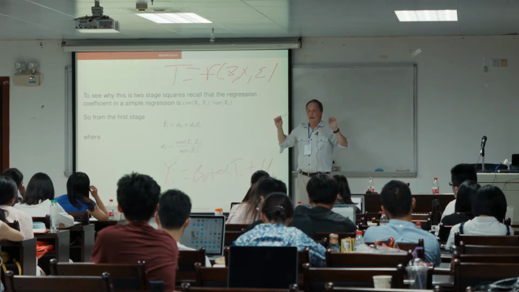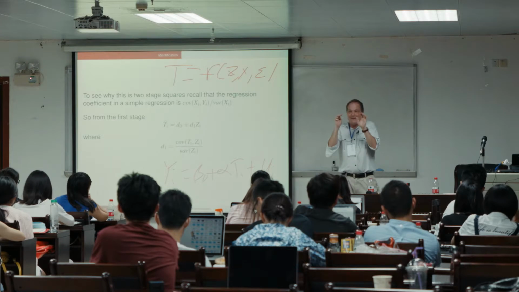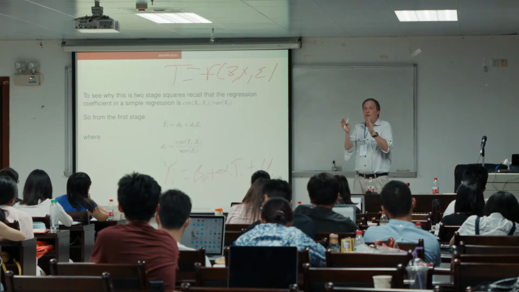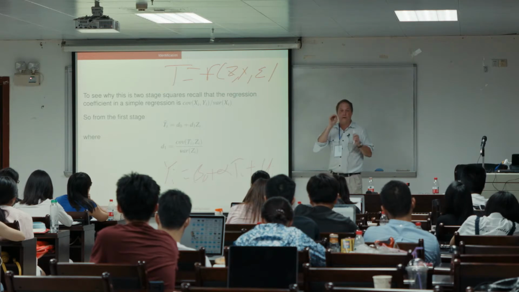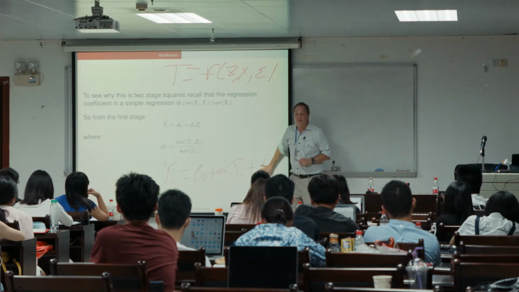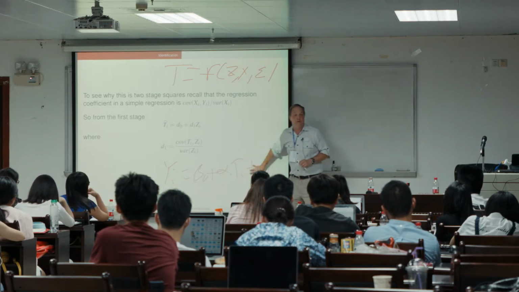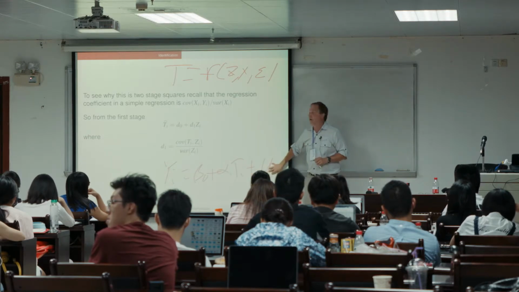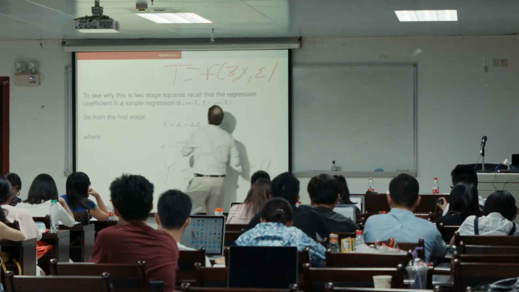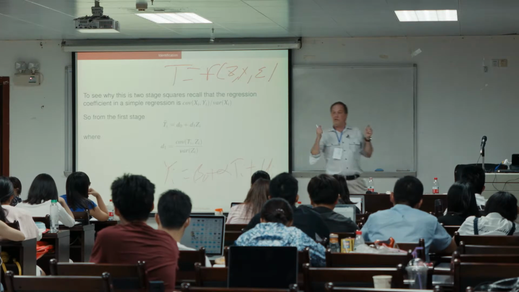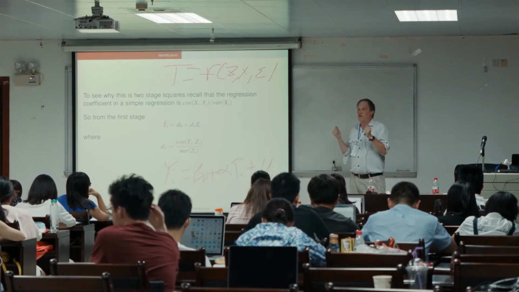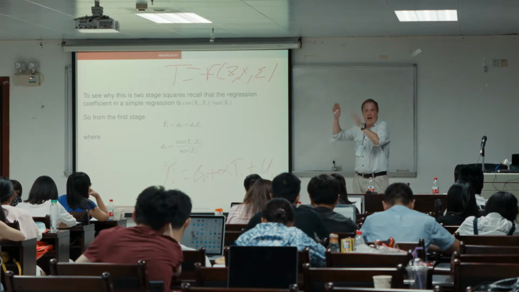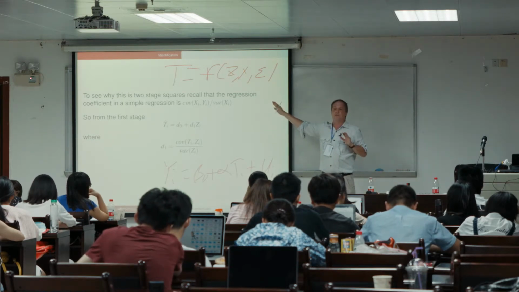That's kind of the point I'm trying to make: in order for two-stage least squares to be consistent, I need to assume this is my data generating process. I don't need to assume that the first stage is an actual structural assumption. The first stage is just math that conveniently drops out and gives me a consistent estimate.